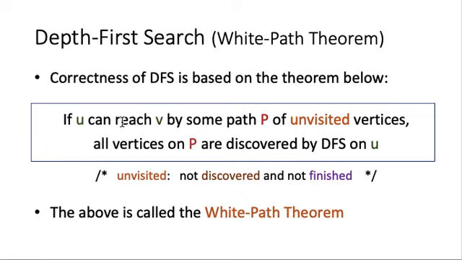If U can reach V by some path P of unvisited vertices, where U is the starting vertex, then all the vertices on this path will be discovered by the DFS starting at U. So if you think of unvisited vertices as something that is uncolored, white, then if U can reach V by a sequence of nodes that are white, so we can call it a white path, then the whole path will be discovered when we perform DFS on U. So this is called the white path theorem.